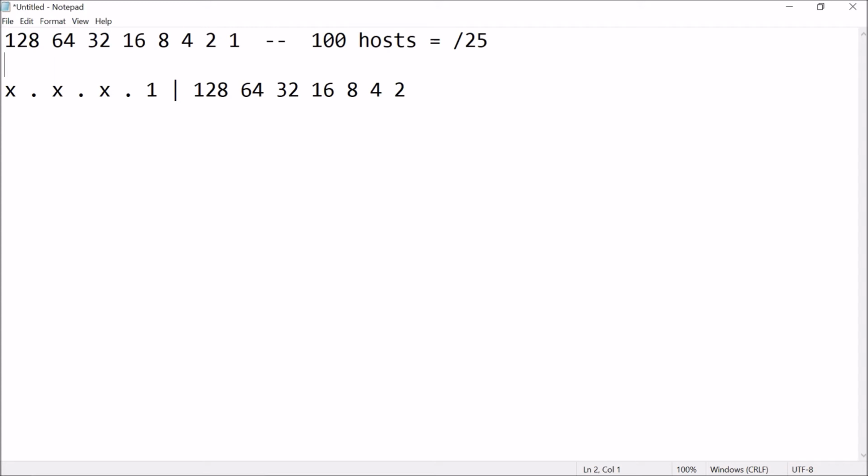But you also need to remember, let me just put it in here so you wouldn't get confused. 1, 2, 3, 4, 5, 6, 7, 8. So this is equivalent to 128. This is 64.